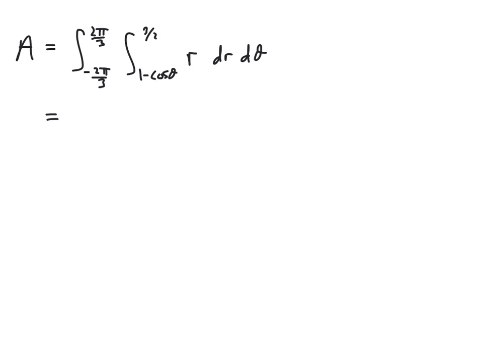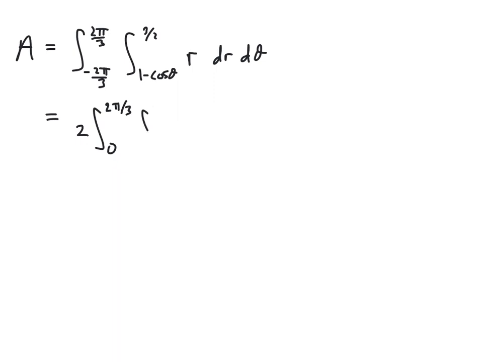If we look at this picture of the region, instead of going from negative 2 pi over 3 to 2 pi over 3, we could just compute the area from 0 to positive 2 pi over 3 and then double it. So we compute half of the area and then multiply that by 2.